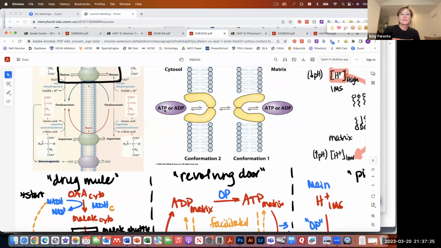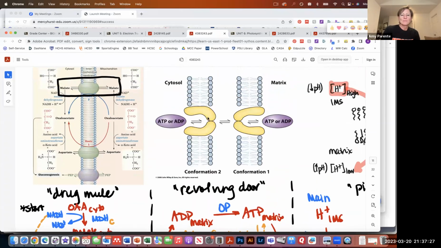Here's our revolving door piece. I want you to think about it like a revolving door. It operates by facilitated diffusion. So ADP needs to go from the cytosol into the matrix because that's where it's going to be used as a building block. And then once we make ATP, it needs to go out.